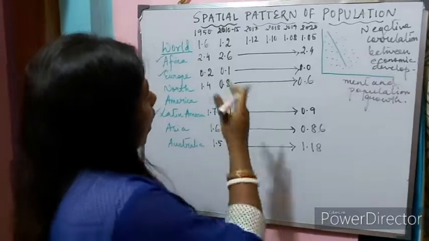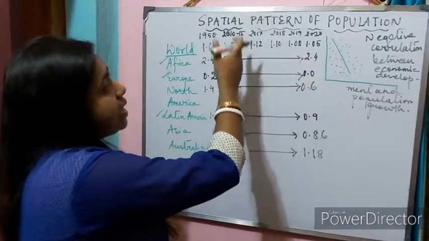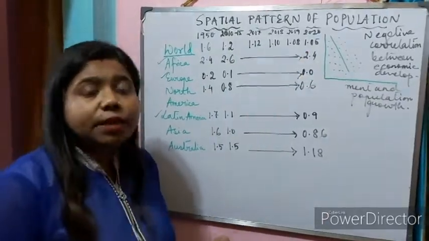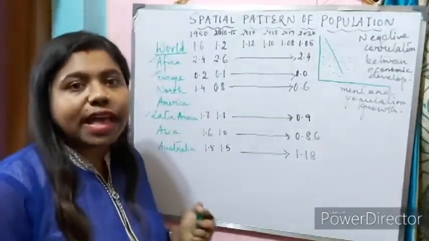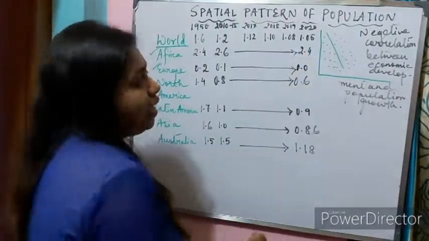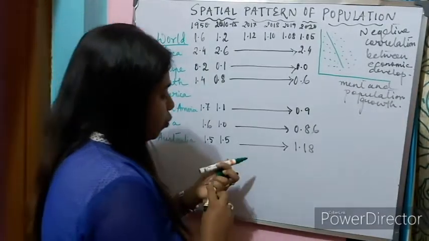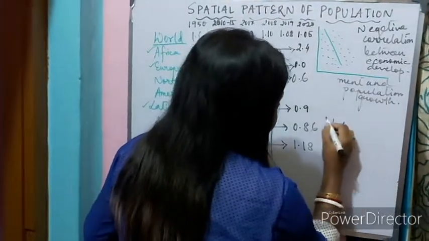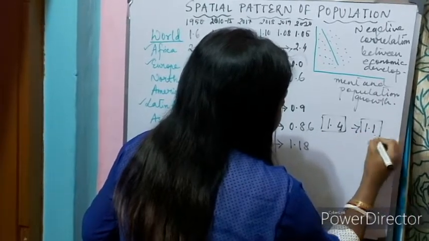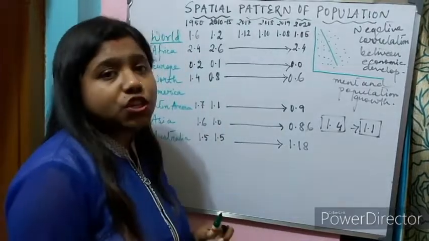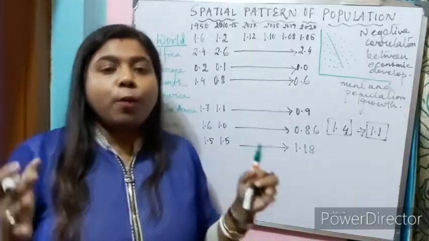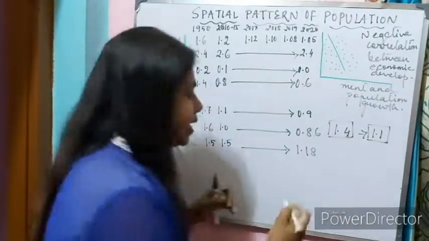Now, what happens? You may ask that, well, the growth rate is actually reducing, like in terms of the world, the growth rate is reducing, but still the population is increasing. Why is that so? Maybe the growth rate is low, like it is 1.05 now, right? The annual growth rate of the world was 1.4, now it is 1.1. Still, the population is increasing. Why? Because in a country where the population is huge, the base is heavy.